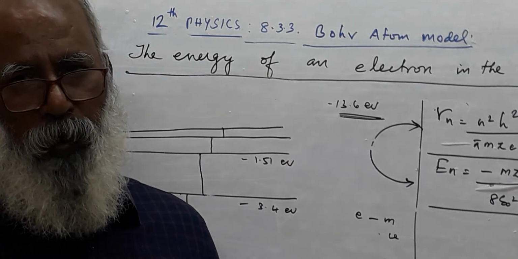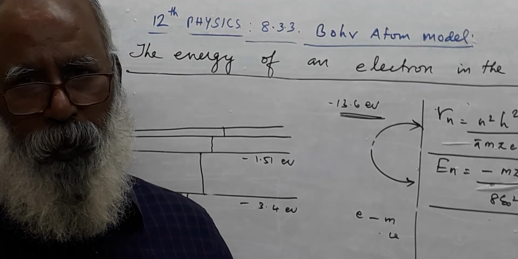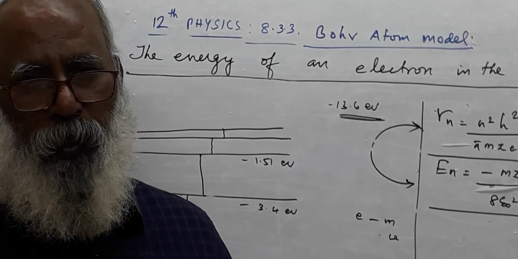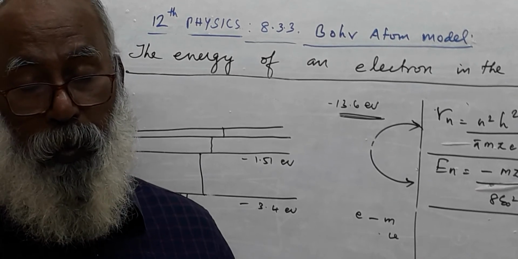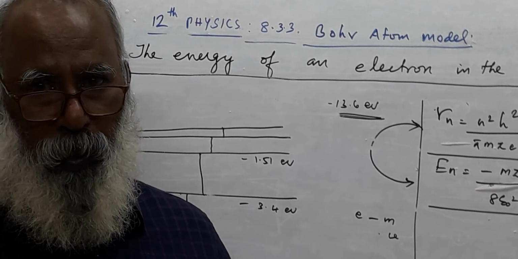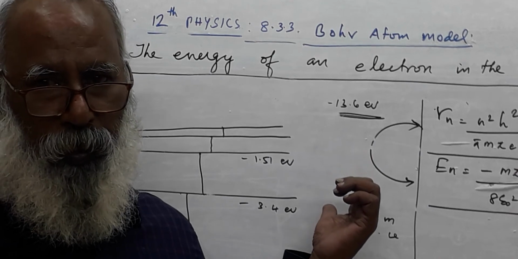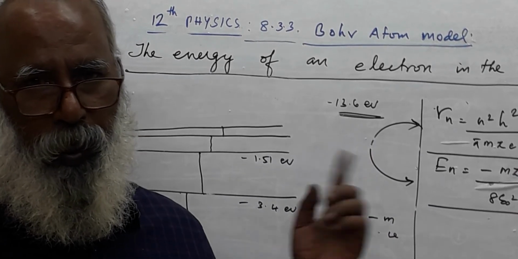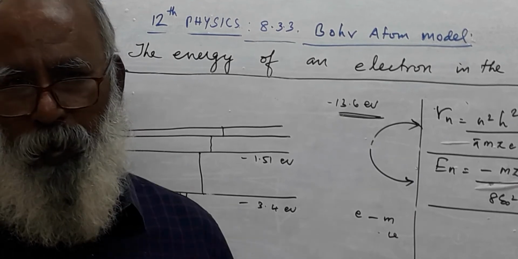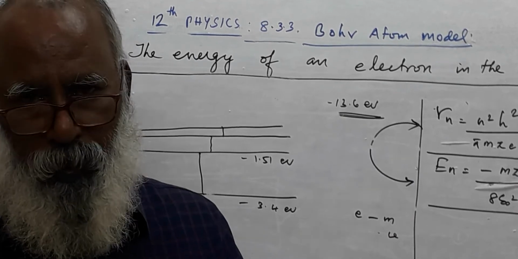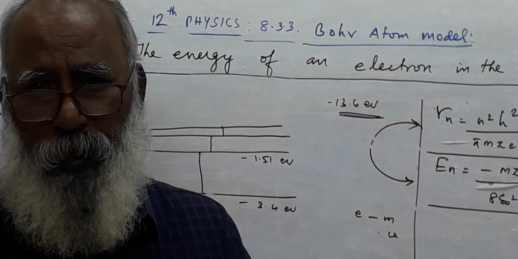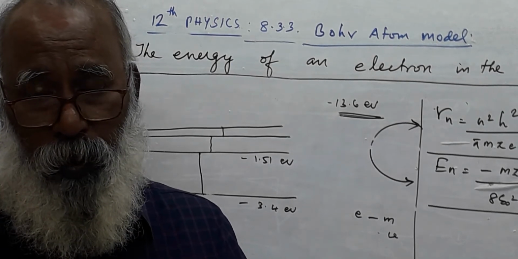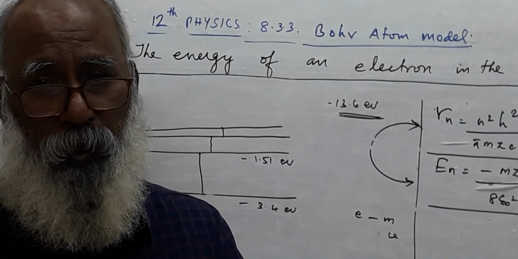Under that, we have the expression for the radius of the nth orbit and the nth orbit velocity. At last, the energy of the nth orbit of an electron while rotating in the orbit. These are all 5 mark questions. Among these, there are also many 3 mark, 2 mark and 1 mark questions available.